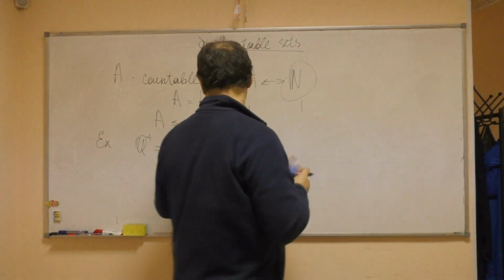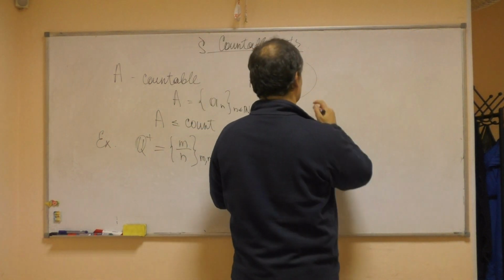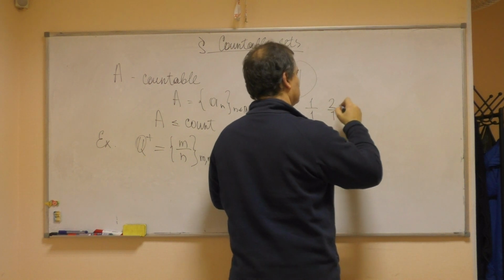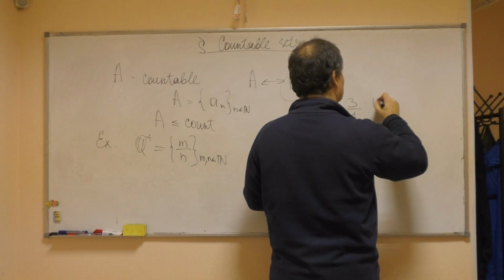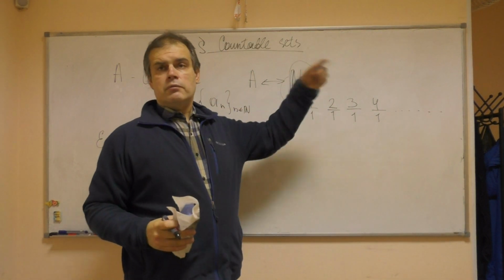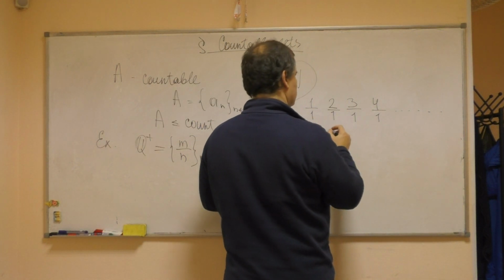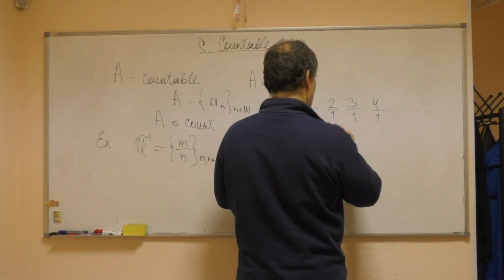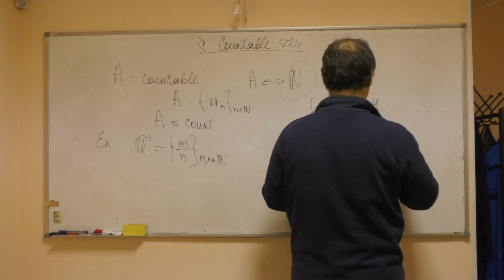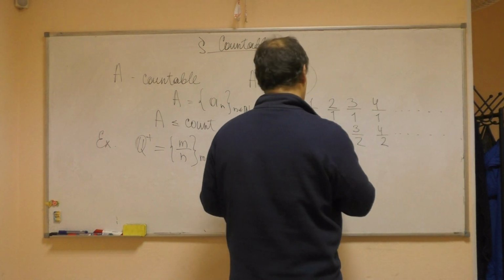We start with all fractions with denominator 1. So 1 divided by 1, 2 divided by 1, 3 divided by 1, 4 divided by 1, and so on. So actually it is natural numbers. Then all fractions with denominator equal to 2. And so on.